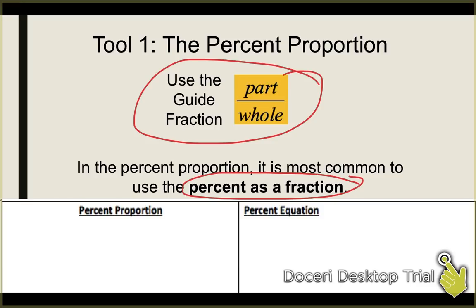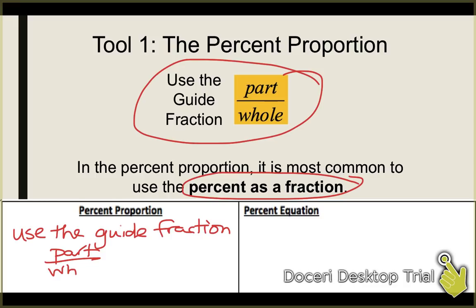So in this box, you should have written, use the guide fraction of part over whole, and you will need to use the percent as a fraction. So what does that look like? Say you have 60%, you would want to write it as 60 over 100.